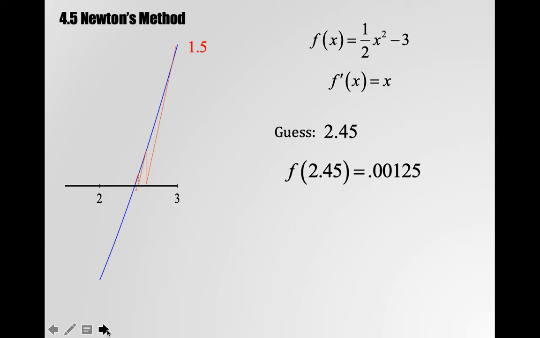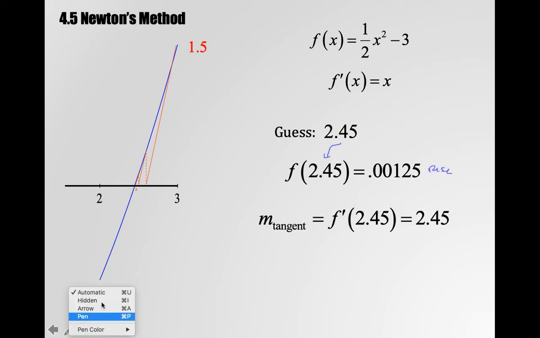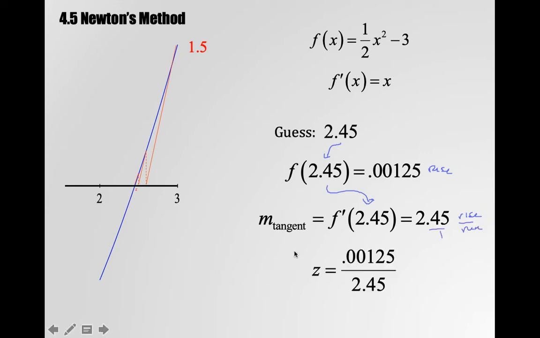I'm just going to go through one more time. I plugged my guess into the function to get the rise. Plugged my guess into the derivative to get the rise over run. Use the slope formula to solve for the run.